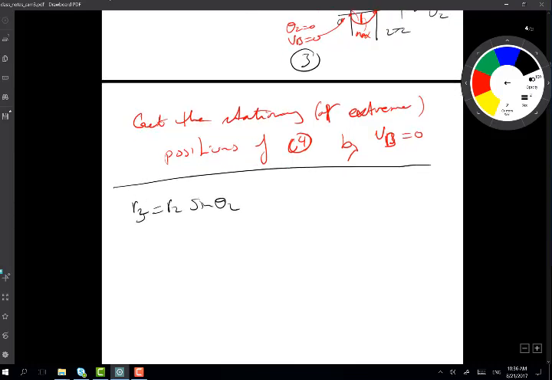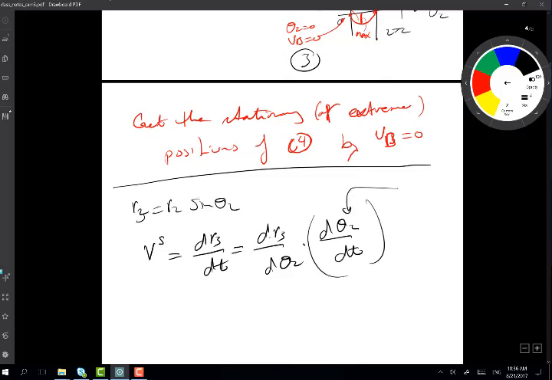Just writing here for reference. Then if I wanted V sliding, it is dR3/dt, which is dR3/d theta 2 times d theta 2/dt, which is omega 2. So it's really omega 2 dR3/d theta 2. That's r2 omega 2 cosine theta 2.